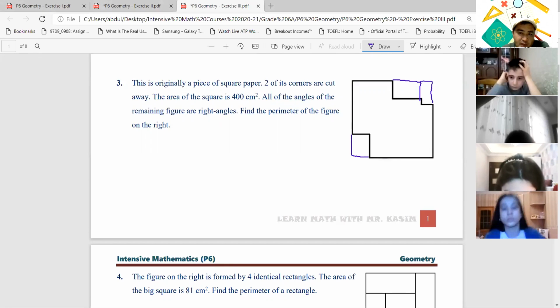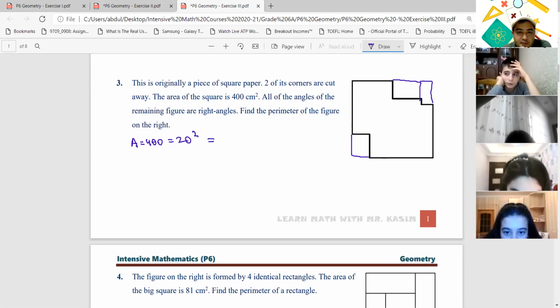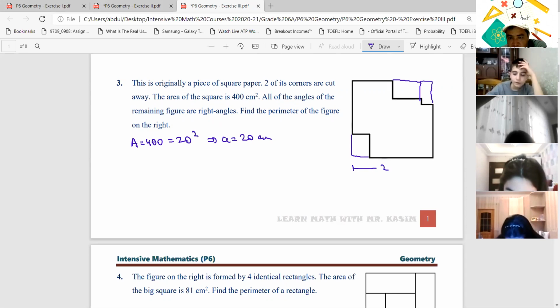A piece of square paper, two of its corners are cut away, and the area of the square is 400. If the area is 400, I can write it as 20 squared, right? That means that one side of the square is 20 centimeters. So this part is 20, and the side length is also 20.